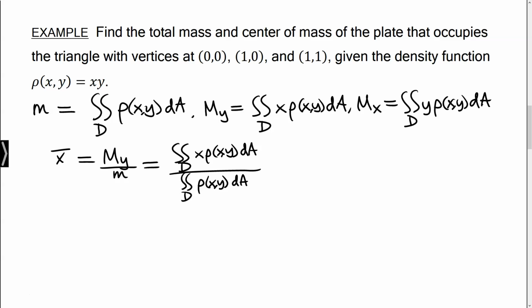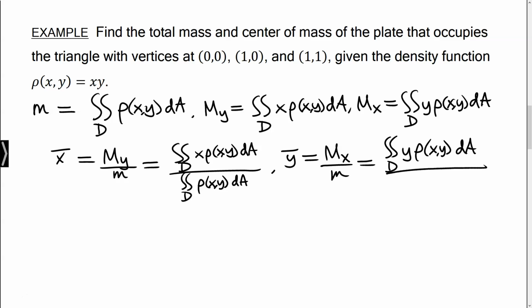So we're taking a weighted average of x, where it's weighted by this density function. And the same thing with the y-coordinate of the center of mass, m sub x over little m, is like a weighted average of the y-coordinate, where we're weighting it by the density function again.